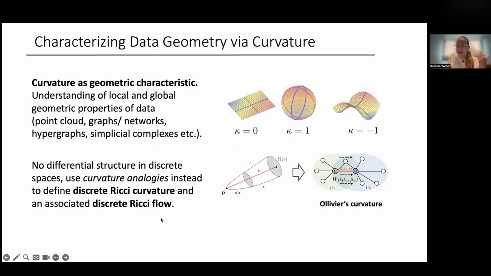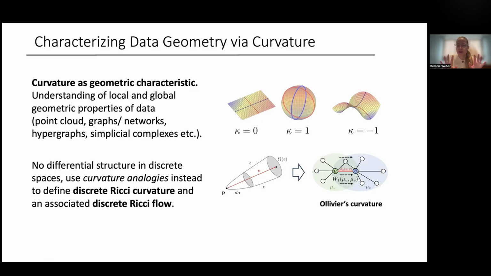And in our setting, where we will also talk about geometric flows, those curvature flows are associated with these classical notions of curvature, including Ricci curvature, and those are also naturally defined in terms of a differential structure. So the same difficulty in defining those notions in the discrete setting arises here.